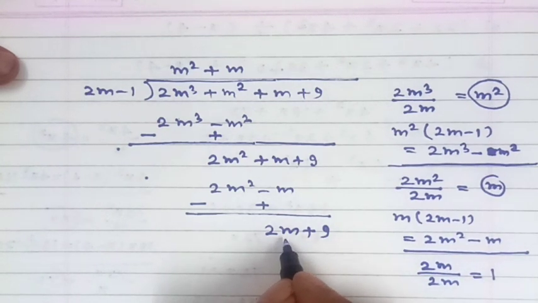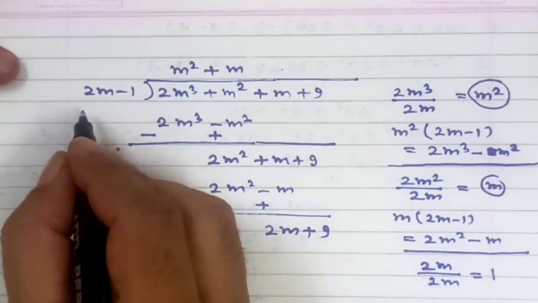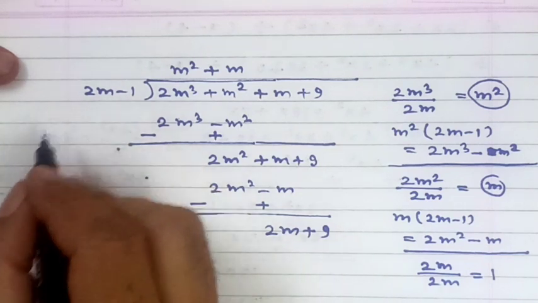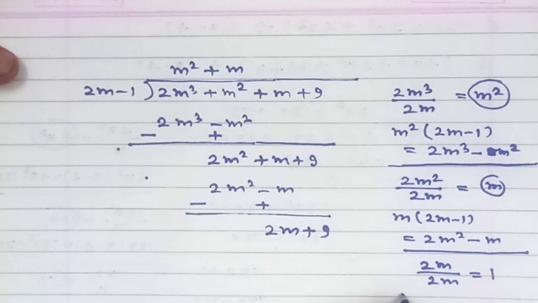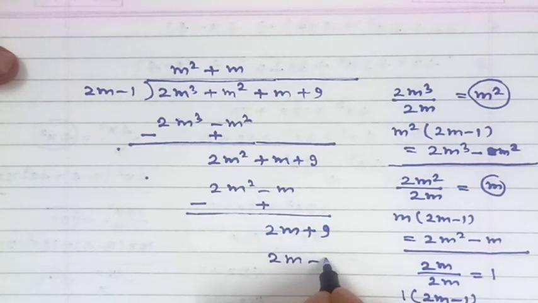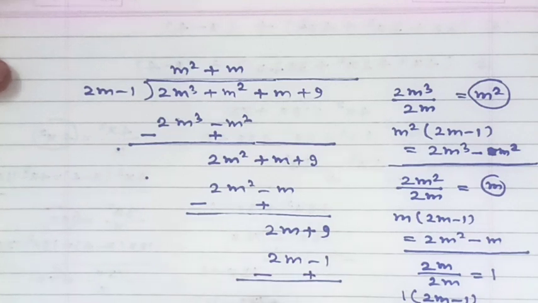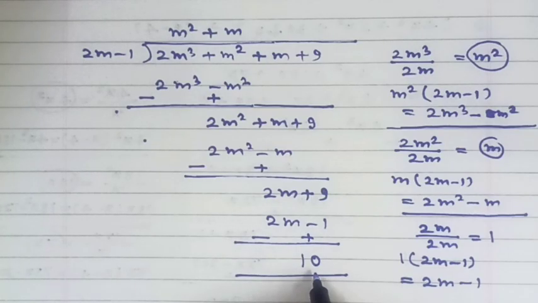Because this was the first term which is to be divided by the first term of divisor 2m. You got 1. You multiply 1 to 2m minus 1 and you will get the same number 2m minus 1. Copy down here 2m minus 1 and subtract. Sign changes. 2m minus 2m is 0. 9 plus 1 is 10. So your remainder is 10.